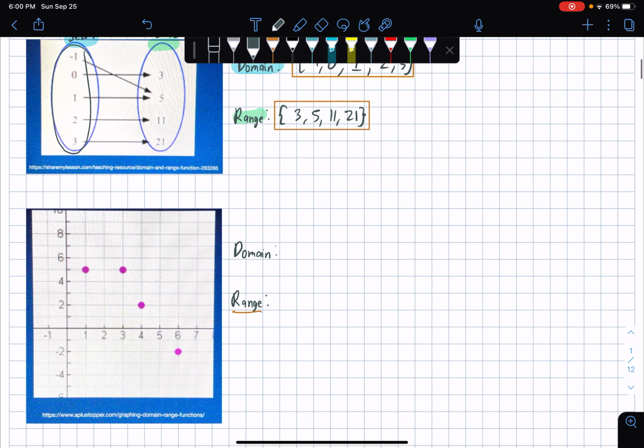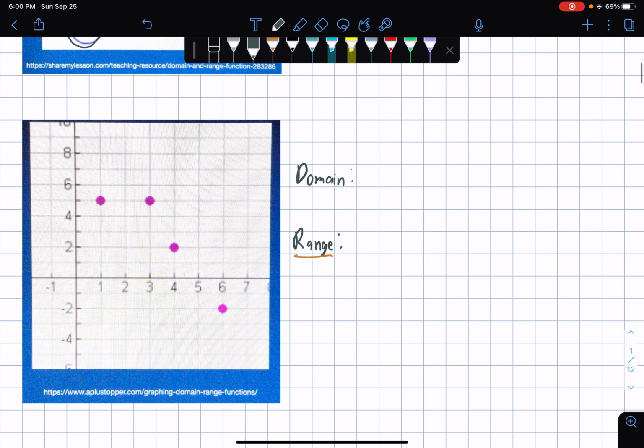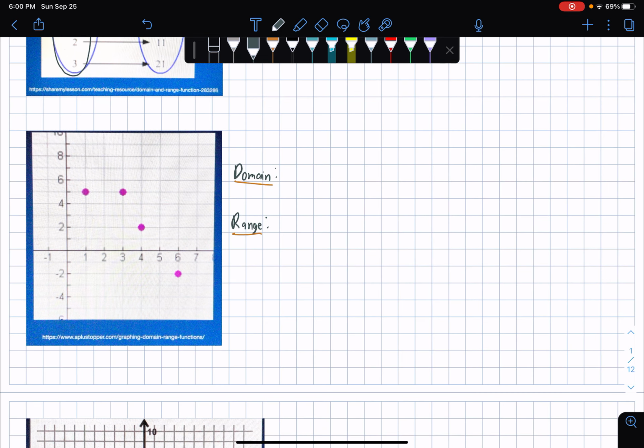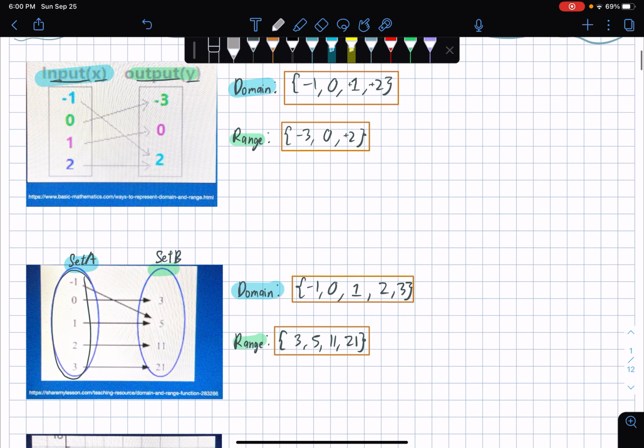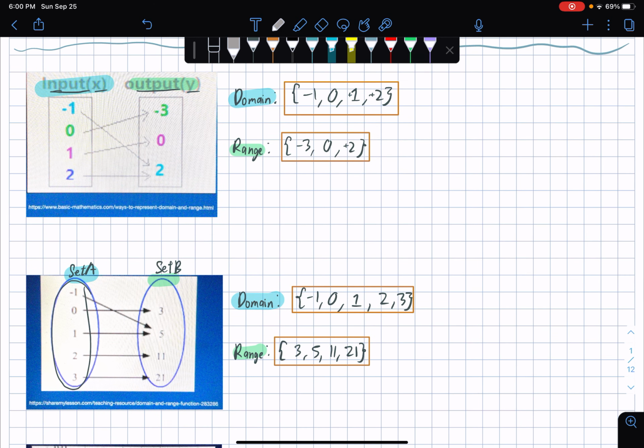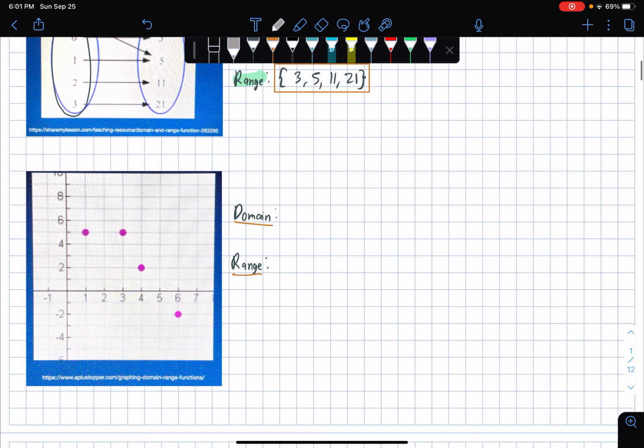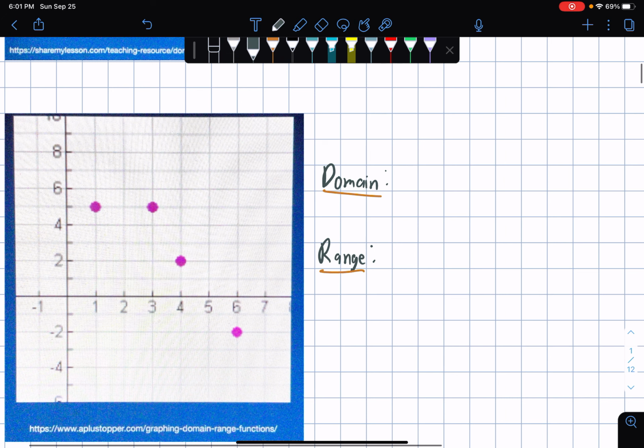Okay, let's move on. So here, domain and range. This is quite different. The way we extract the elements of domain and range in this particular problem is quite different in comparison to how we find those elements in these types of examples. It might be confusing at first, but you'll realize later on that it's pretty easy.